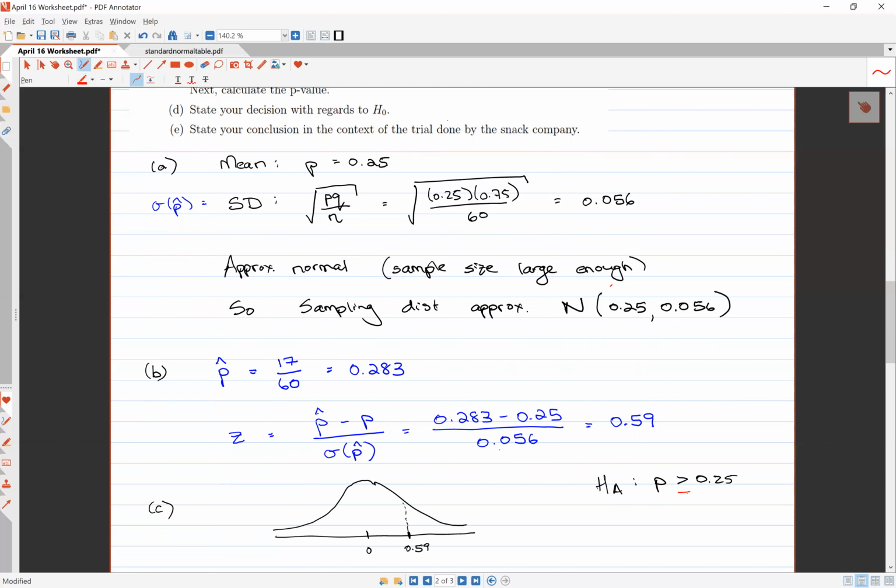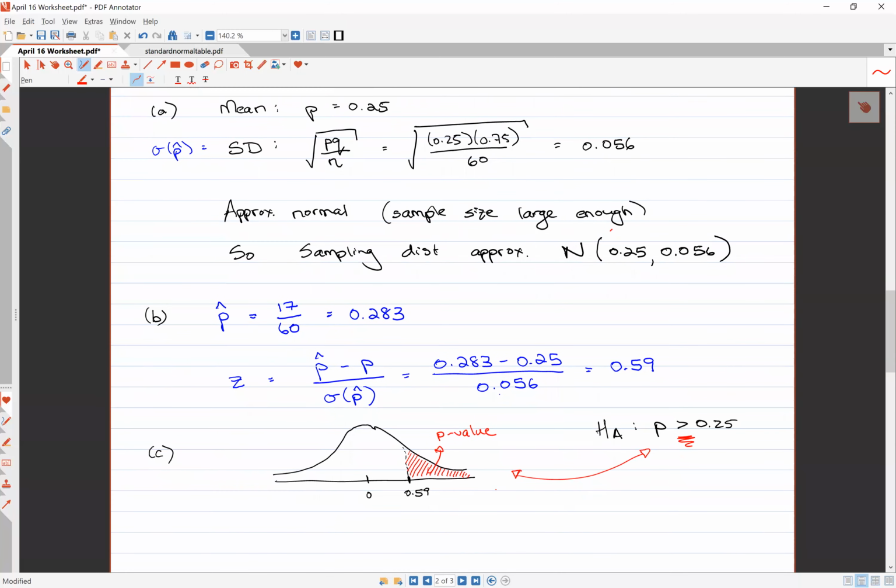The greater than here tells us we need to calculate the chance associated with the value to the right of our z-score. So that's the connection here. The direction in the alternative tells us which side of the z-score is important for the p-value. So this is our p-value.